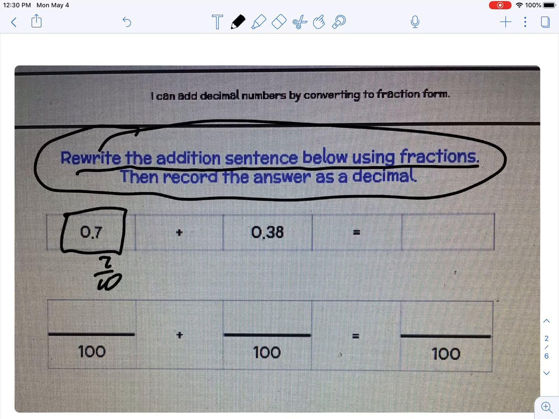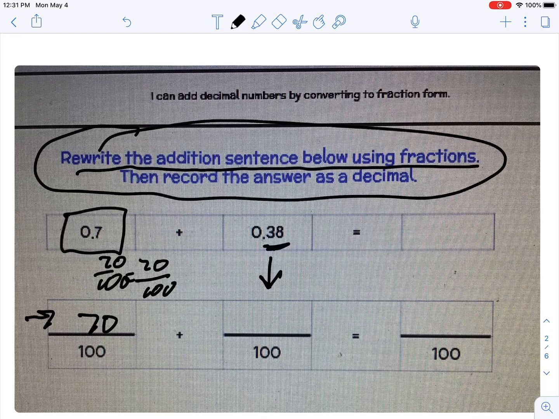But remember, 7/10 is equivalent to what fraction? Oh, that's over 100. So in other words, 7/10, what would go here? That's right, it would be 70, because 7/10 is the same as 70 over 100. I can just add a 0 to the top and bottom, which is really multiplying the top by 10, the bottom by 10. All right?